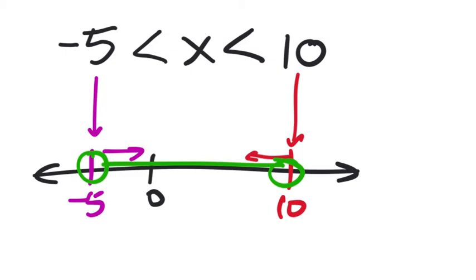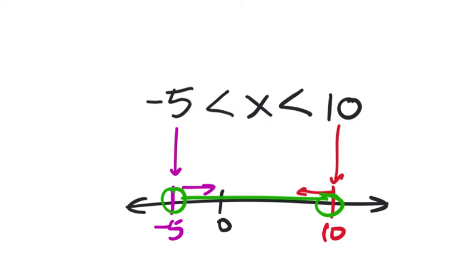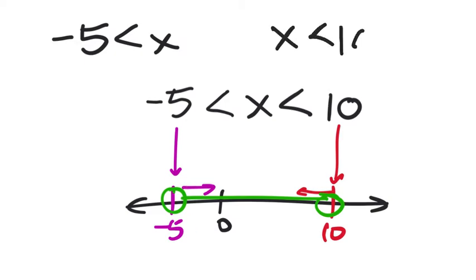Which means that this compound inequality could be broken up into 2 separate inequalities. The first one being negative 5 is less than x, which we did graph there in purple, kind of. And then the second one where x is less than 10. But again, it becomes what we would consider an and statement between the two, okay? Because we're looking for the intersection of those two.